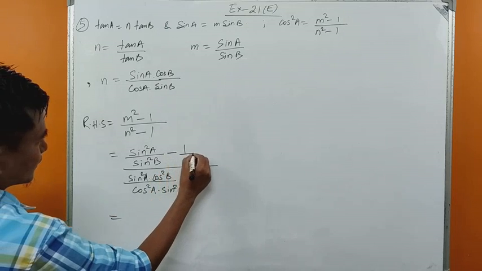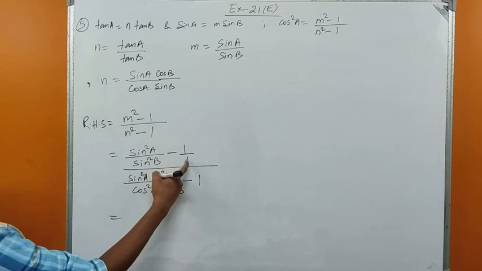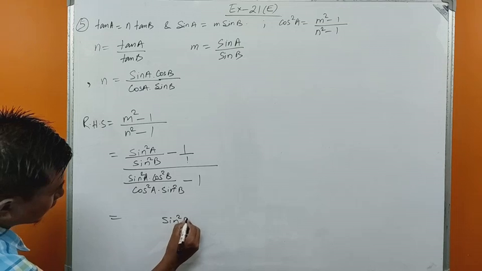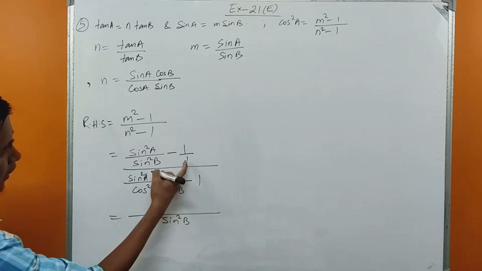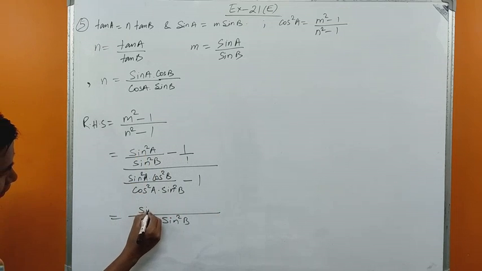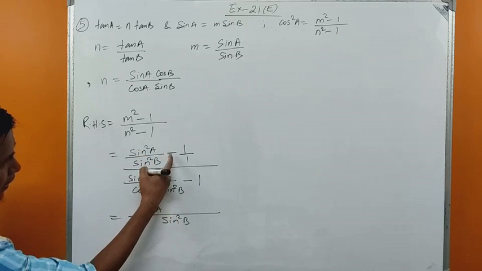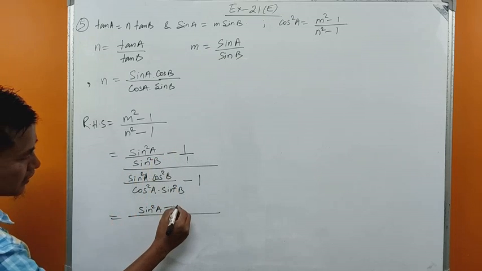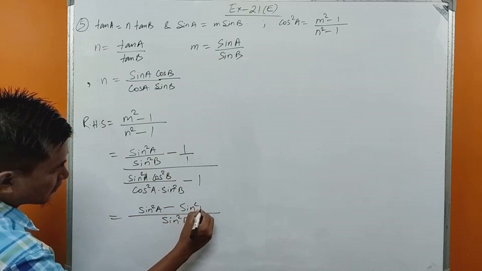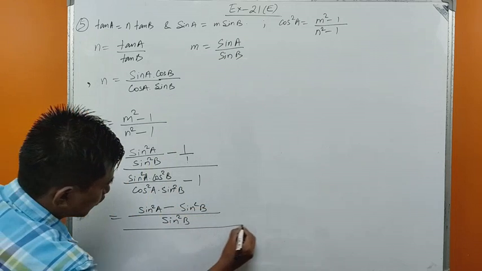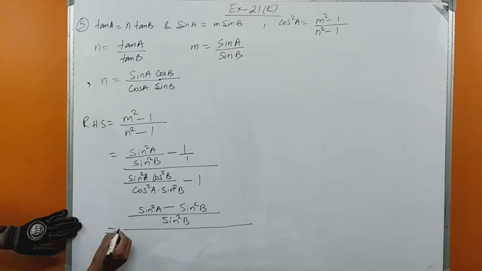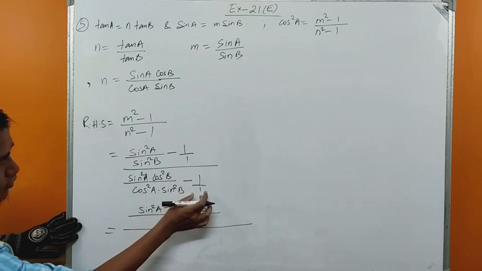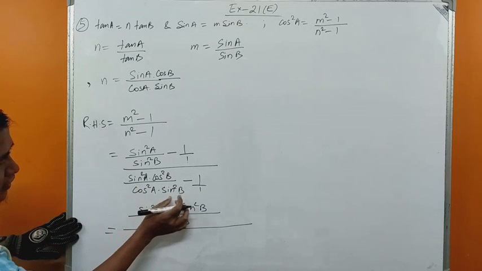Now let's take the LCM here. We have sin square B and 1, so the LCM will be sin square B. So 1 into sin square A is sin square A, minus sin square B into 1 is sin square B, whole upon, in the denominator, we have cos square A and sin square B into 1.